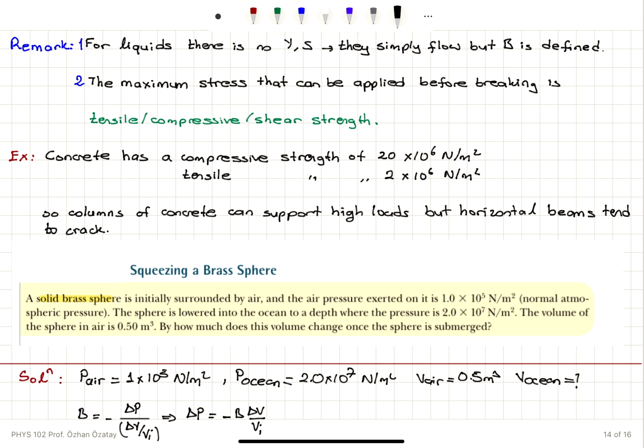So this tells us that delta V, which is V final minus V initial, will be given by, so let's call this V initial V0. Okay, so this is the initial volume V0. Minus V0 delta P divided by the bulk modulus will be equal to delta V, V final minus V initial.